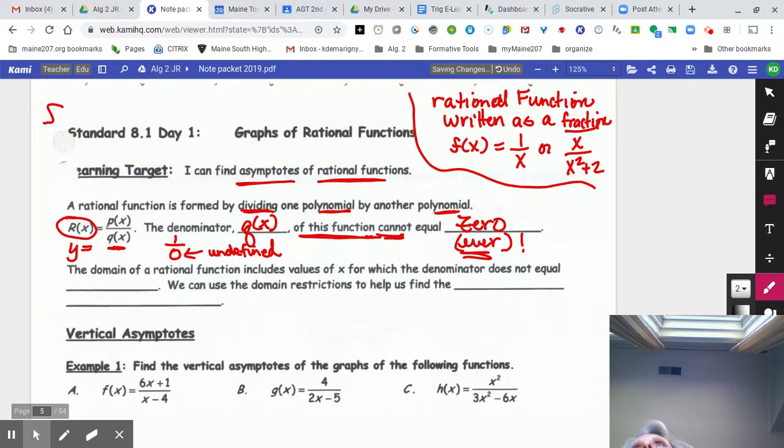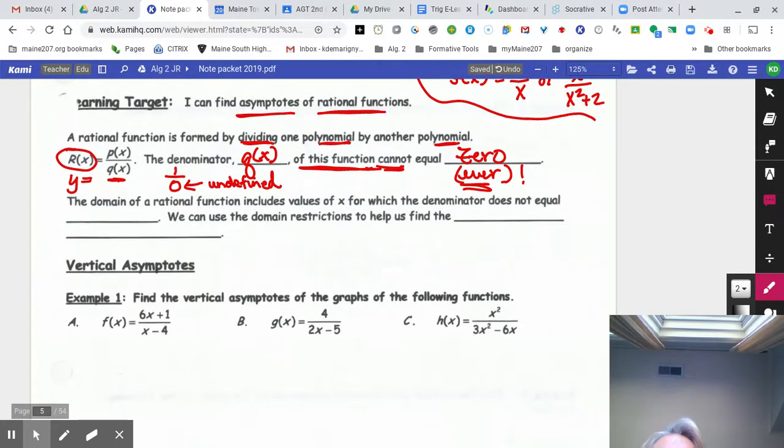The values that make 0 in the denominator are called our restricted values. So the domain, which, remember, those are our x values, of a rational function includes the x for which the denominator does not equal 0. It can be anything in the whole wide world besides the values that make it equal to 0.